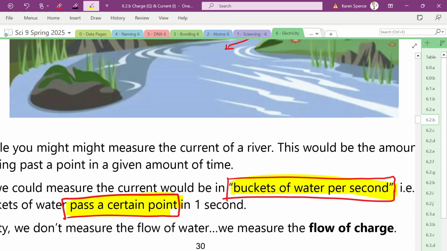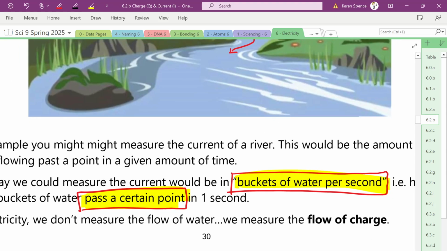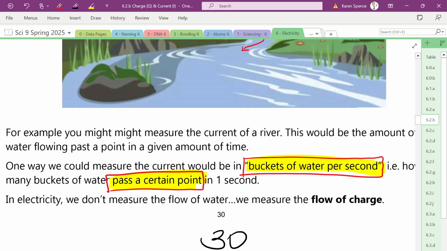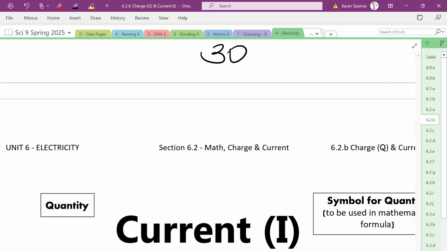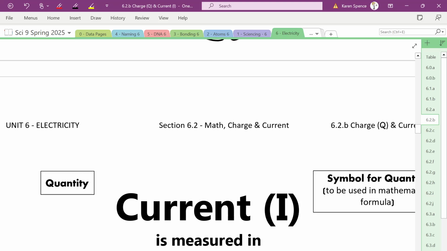You might say, oh, that's 10 buckets and another 10 buckets and another 10 buckets every second, so that would be 10 buckets per second. But of course, we are doing electricity, so we are not measuring buckets of water. We are measuring the flow of charge, so we will be looking at buckets of electrons.